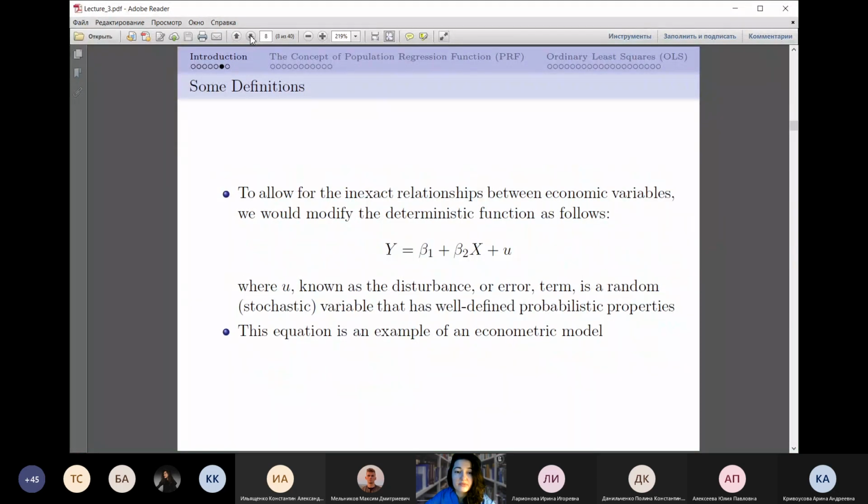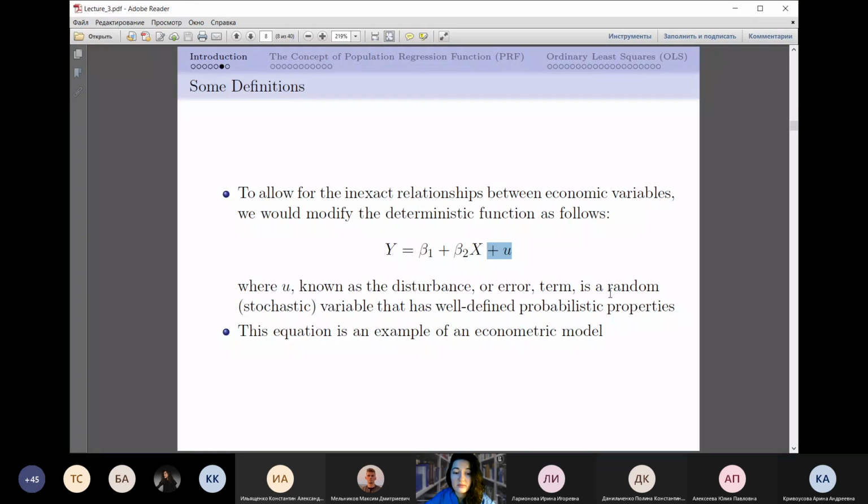And how can we express this? If we want to allow some inexact relationship between economic variables, we need to modify our previous equation and our deterministic function as follows. Here we add one more thing, and this is U. In general, we call this the disturbance or error term.